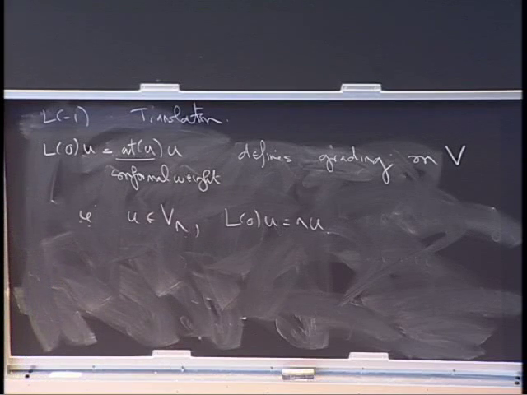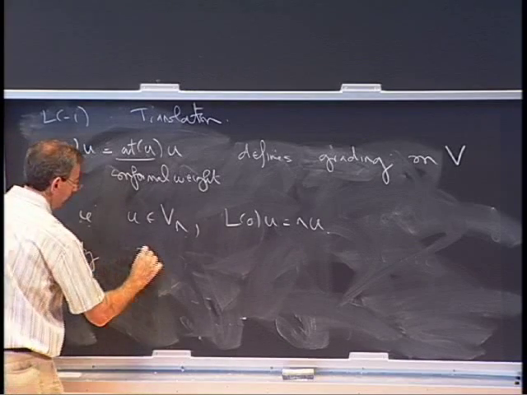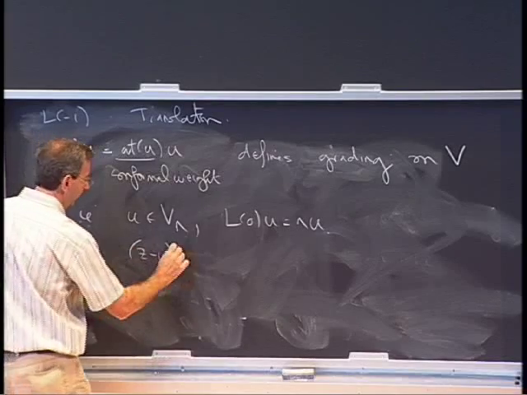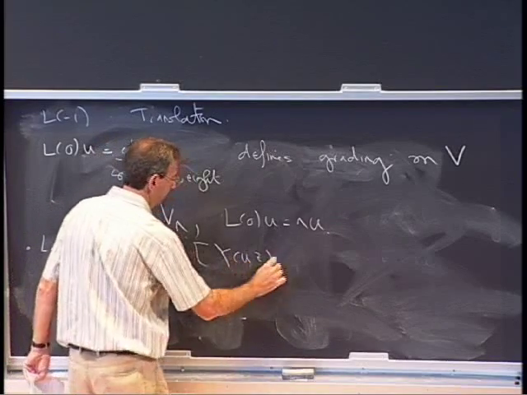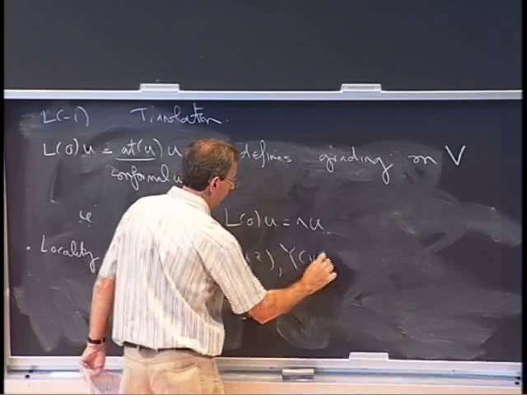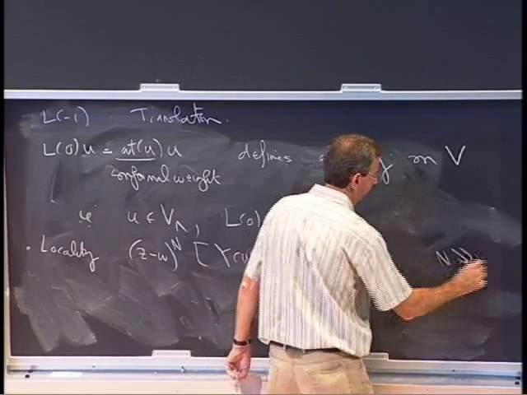Okay, and I left out, very important of course, is locality. It's the most important property in some senses. The property is that z minus w to the n times the commutator of u(z) and v(w) is equal to 0 for n sufficiently large.